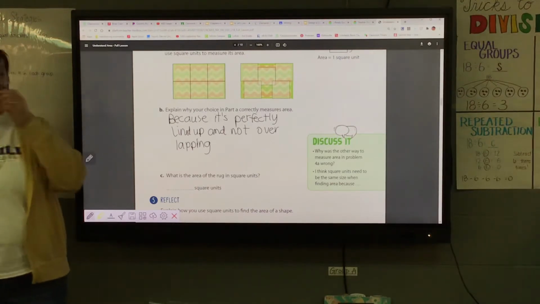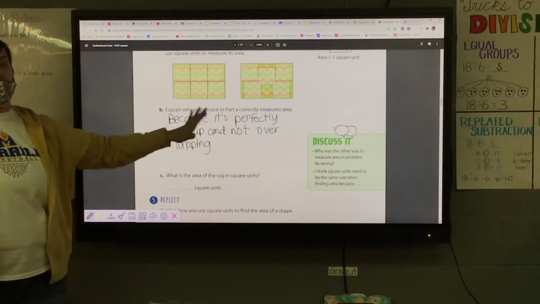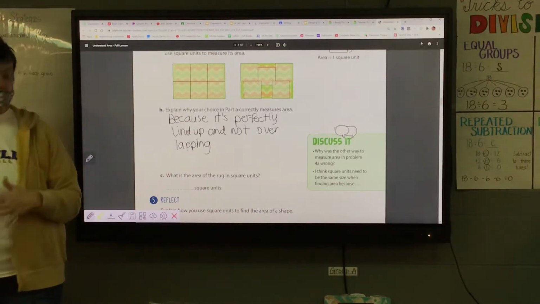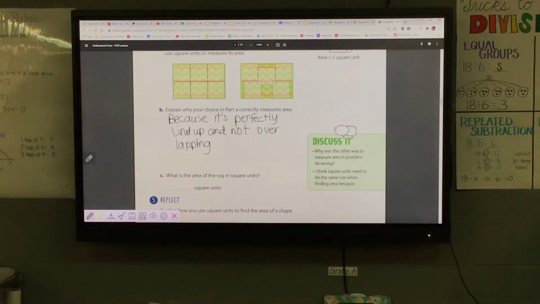Okay, so then once you have this written, I want you to count the square units in the correct rug and write it on the line underneath C. What is the area of the rug in square units? Write that down. Can you count that high? Yes. If you need to, you can use both hands, just in case you get stuck.